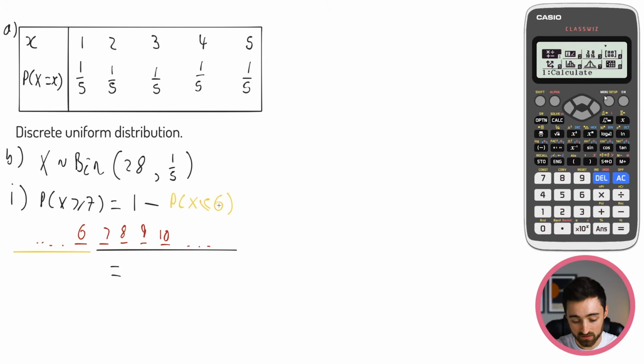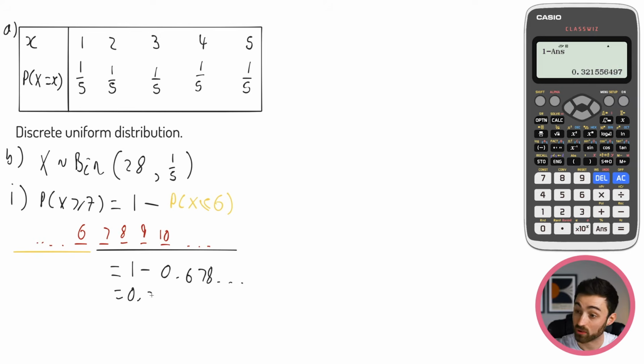So if I go menu, and then I go down to distribution, I'm going to go binomial CD. Variable, and I'm going to put in my value of n and p, which is 28 and 1/5. X, I'm now going to put in 6. And that gives me this bit here. So I have 1 minus, and then I got what? 0.678... Press menu and 1 to get back into normal mode, and press 1 minus ans, and that's going to get you my answer here.